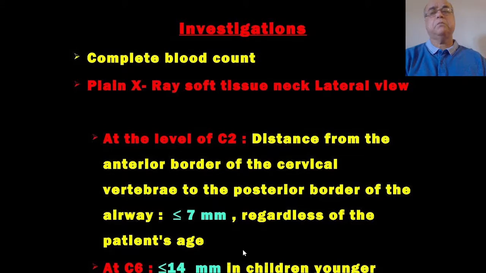And how we have to interpret this X-ray is that the distance from the anterior border of the cervical vertebra to the posterior border of the airway, there will be soft tissue shadow due to perivertebral muscles, and this shadow will be less than 7 millimeter at the level of C2, and less than 14 millimeter in younger children.